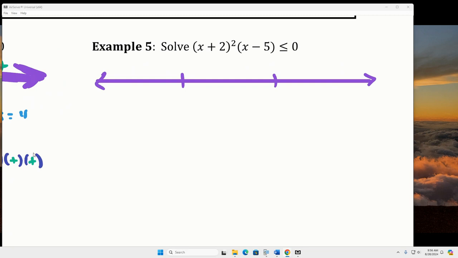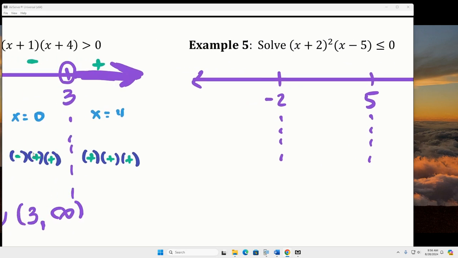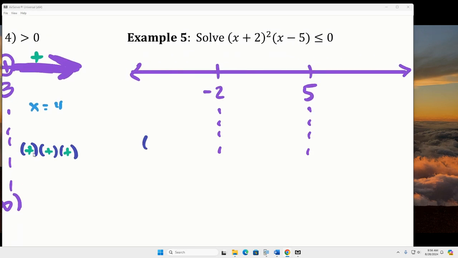All right, and so we would put them in numerical order on the number line. This one's actually going to be a little bit shorter than the one we just did. We're going to just do our 2 little parentheses. We're going to find a number to test in each region.